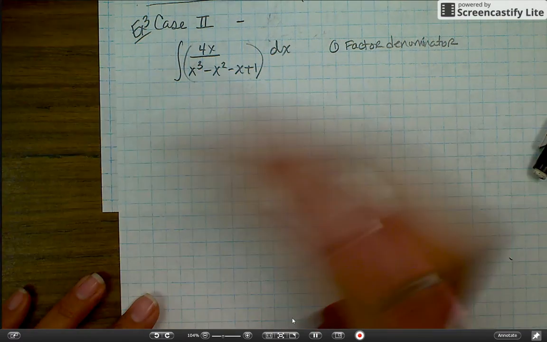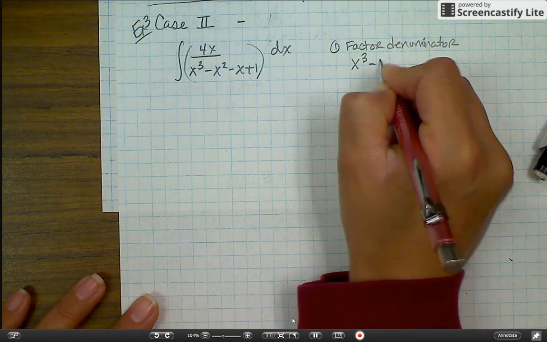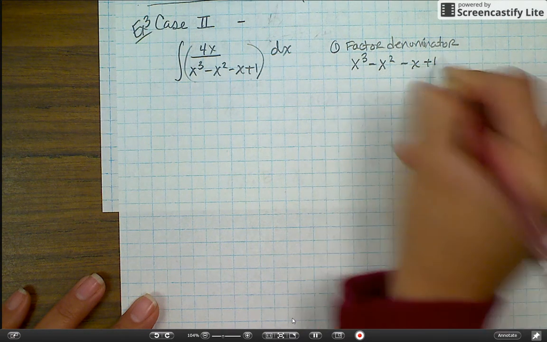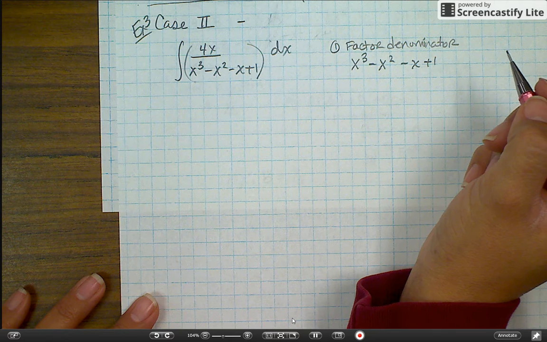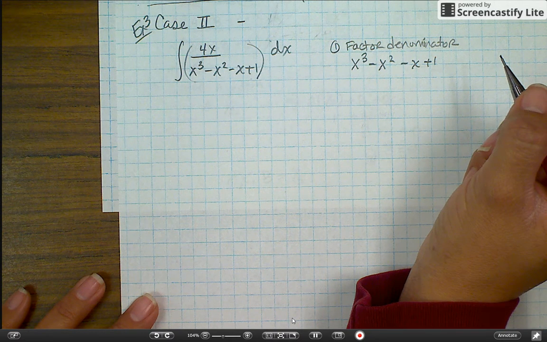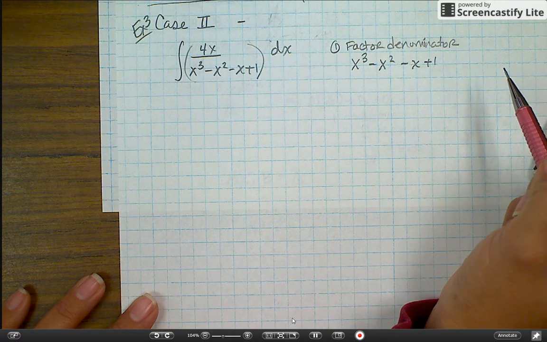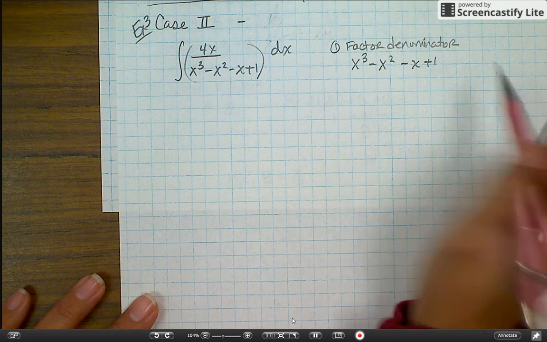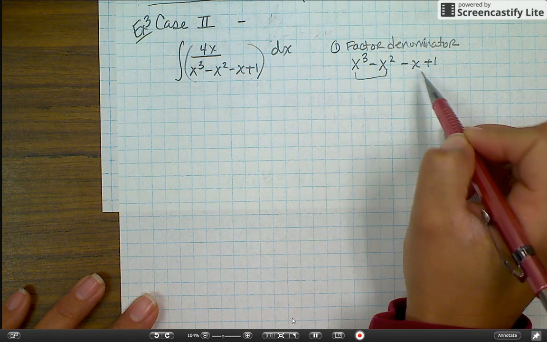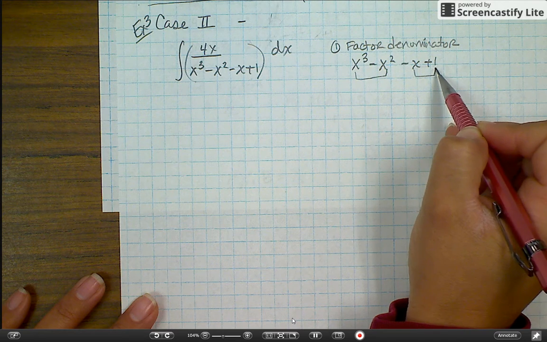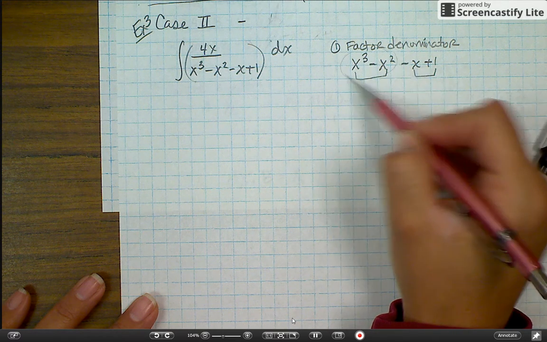Do you guys remember how to factor this? It's factor by grouping. You group. You go, hey, these guys have a common factor.